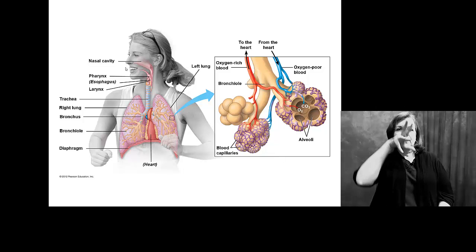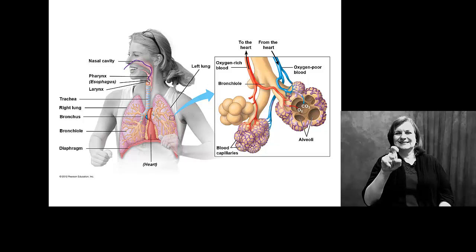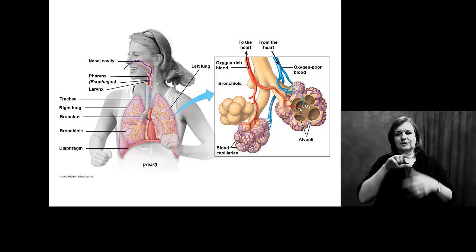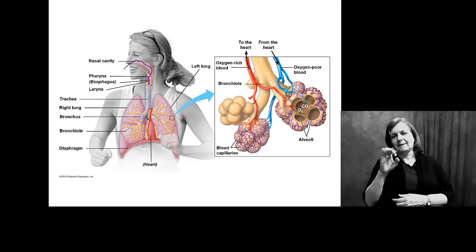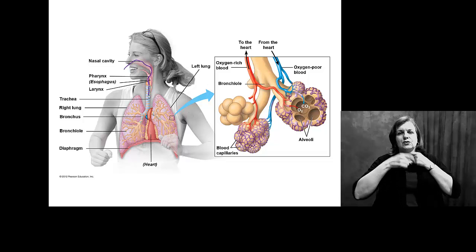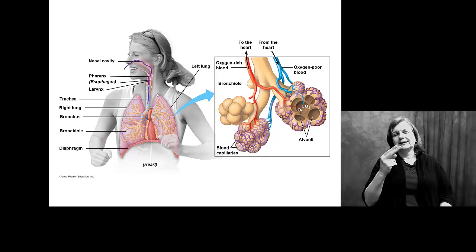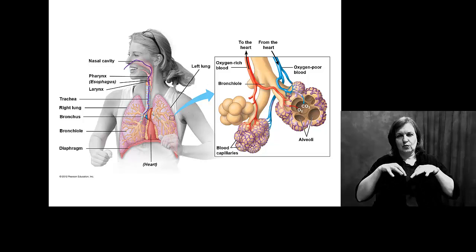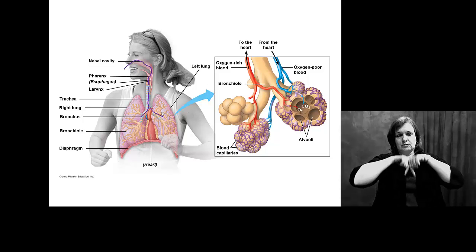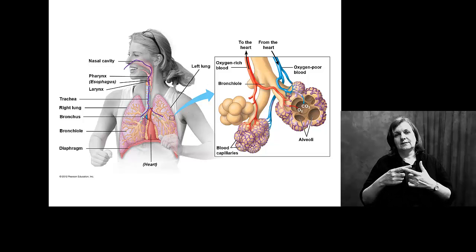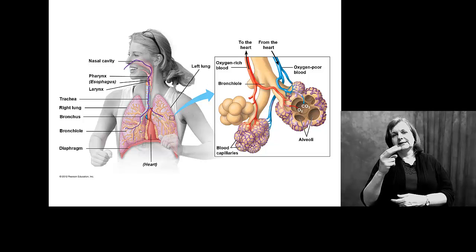In through your nose, down through your pharynx, and into your larynx, your voice box, and then down into your trachea, and then into the bronchi. You have two lungs, so it breaks off, goes both directions. And then we get into the bronchioles from the bronchi.